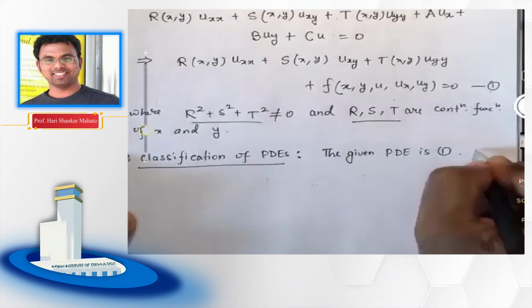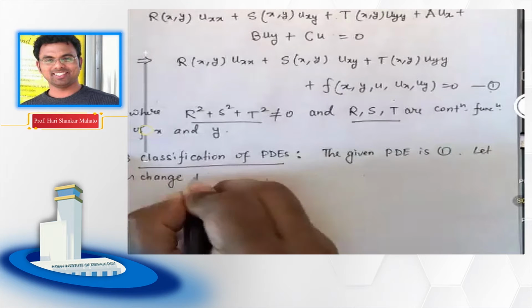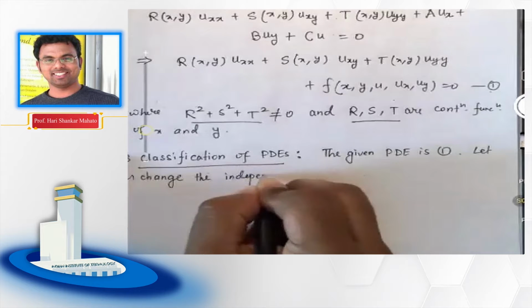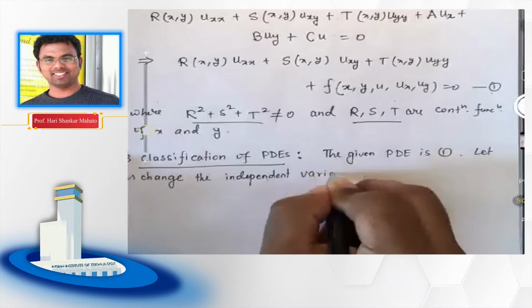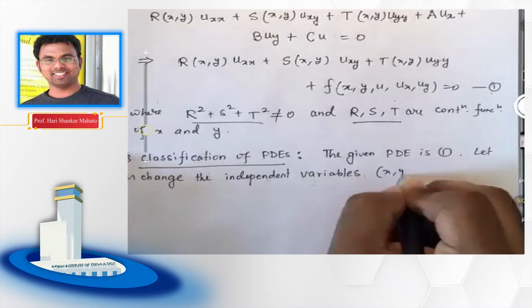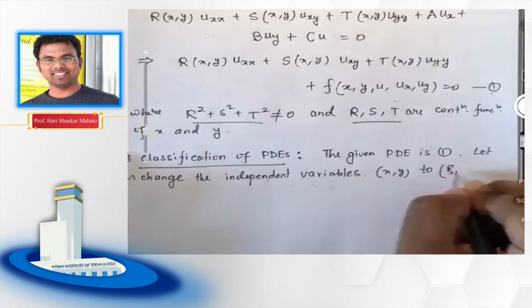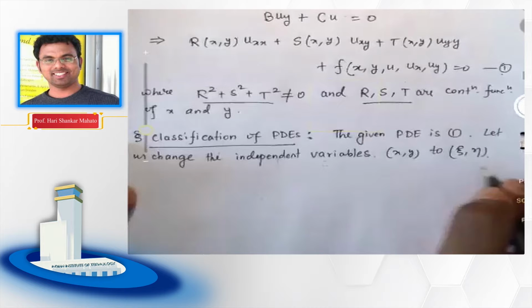Now, let's do some change of variables. Let us change the independent variables from x, y to xi and eta. These are very famous notations, so there is nothing particular about it.